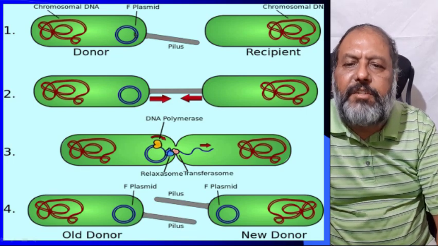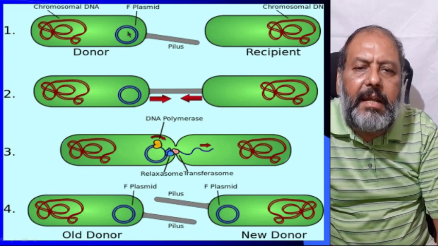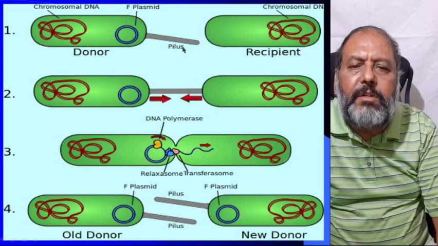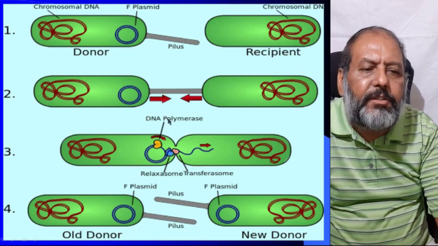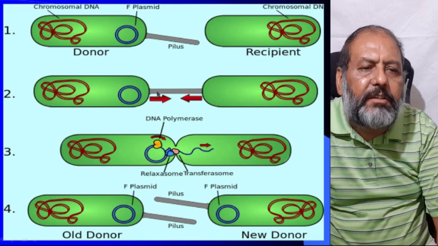Here one can see the chromosomal DNA and the F plasmid. The donor has the F plasmid, and through the pilus it is going to transfer it to the recipient.